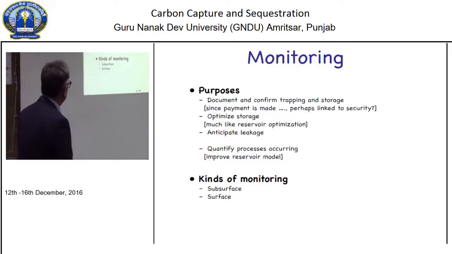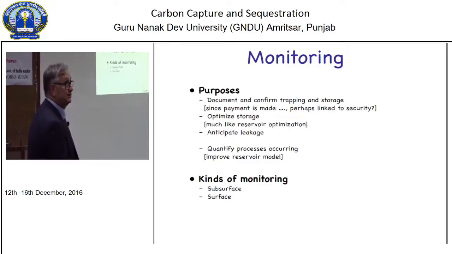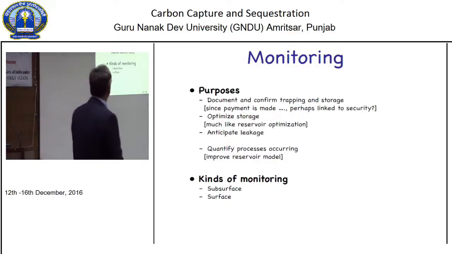So we have to document and confirm that the storage is happening. That's almost certainly seismography and those kind of mechanisms. We have to have mathematical models to match the data so that we can understand and predict what's happening. We have to anticipate that leakage will happen, and therefore we have to figure out how to measure it. And the way to measure it is on the surface and on the subsurface.